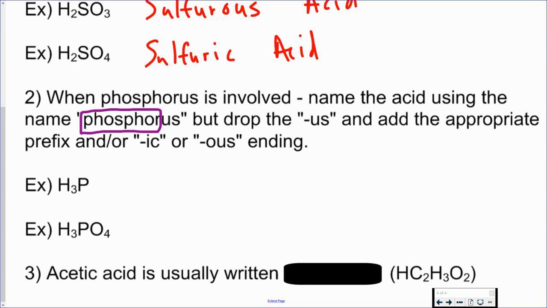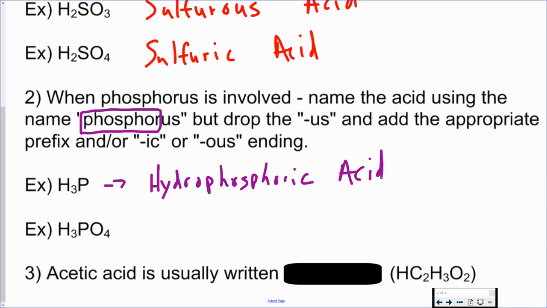When it's just no O's, this gets hydro and ic, so it gets hydrophosphoric acid. And then for phosphate, again, you add the ending of ic after you've dropped the us, so it becomes phosphoric acid.